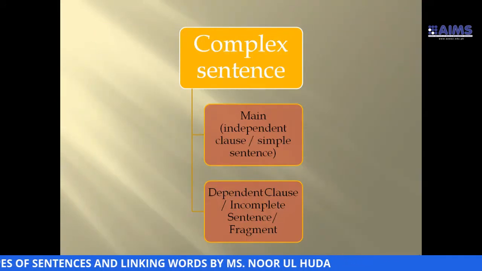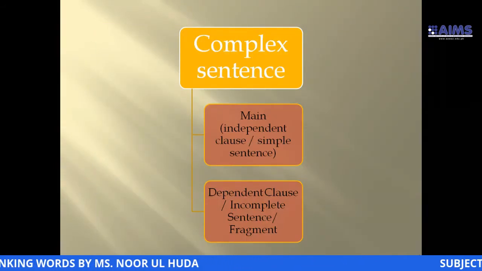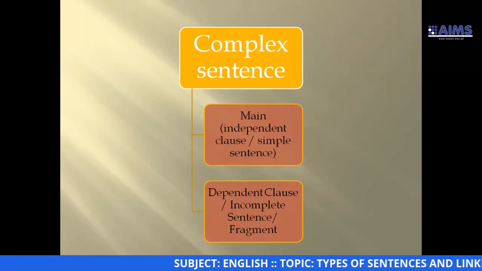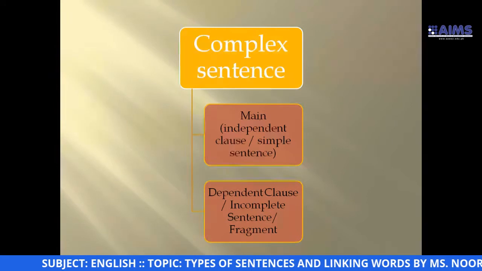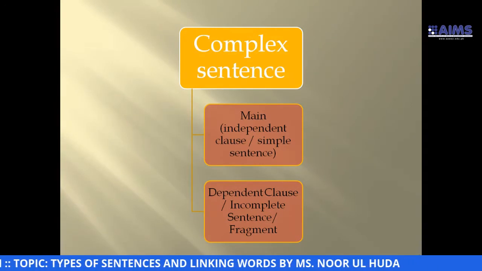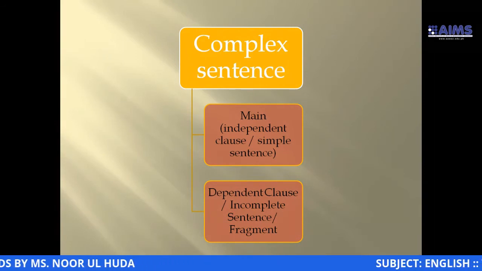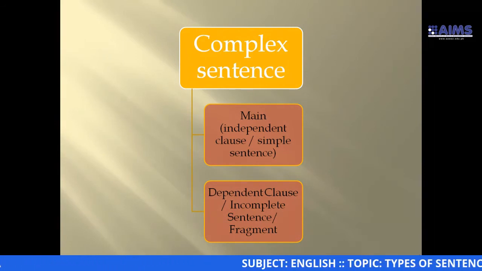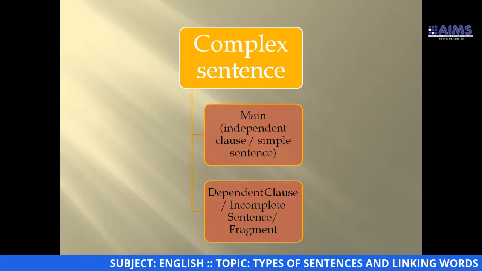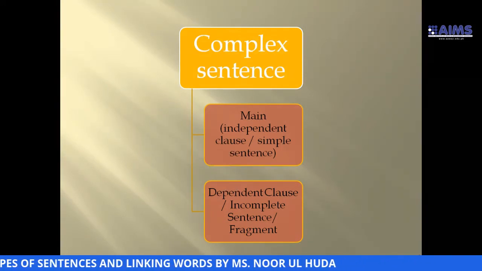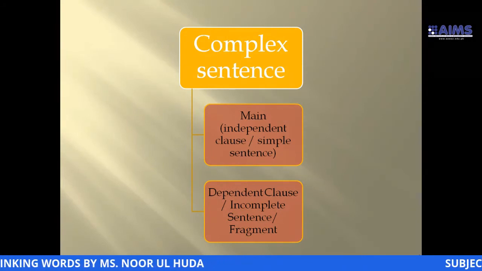Okay, now this is the structure of a complex sentence. A complex sentence has two components. One is the main clause, called the independent clause, which can also be termed a simple sentence. The other is the dependent clause, which is always incomplete, always requires some information to complete the meaning, and is also called a fragment.